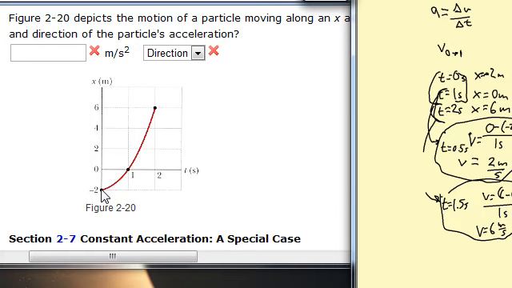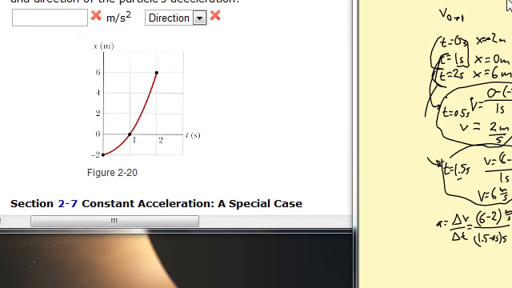And so now we can just take a equals change in velocity over change in time. The change in velocity was 6 minus 2 meters per second, and the change in time was 1.5 minus 0.5 seconds, so over 1 second, it's 4 meters per second over 1 second.